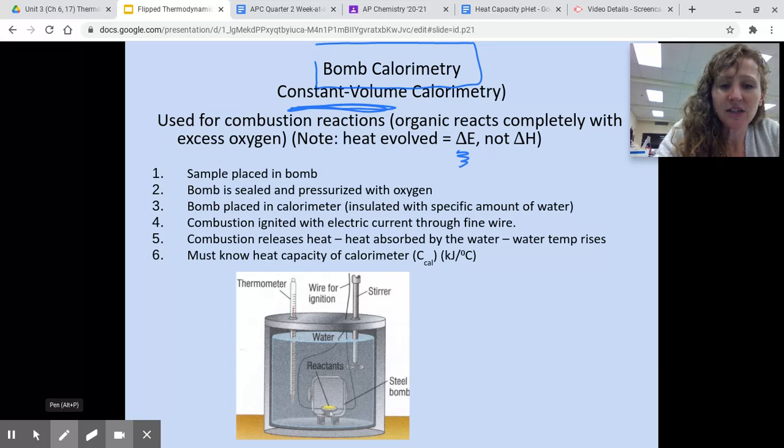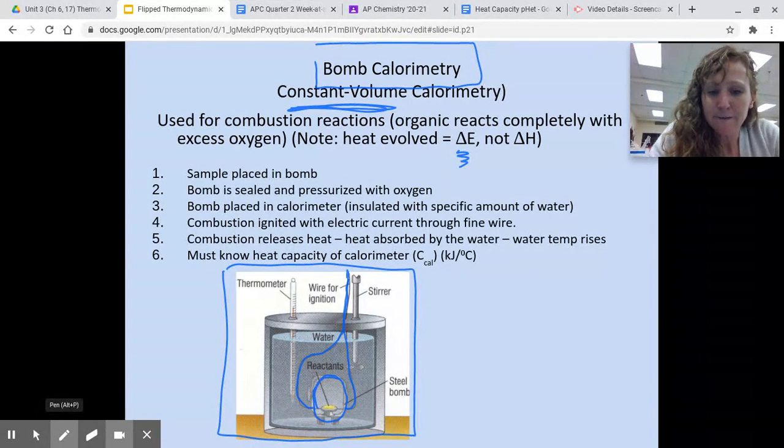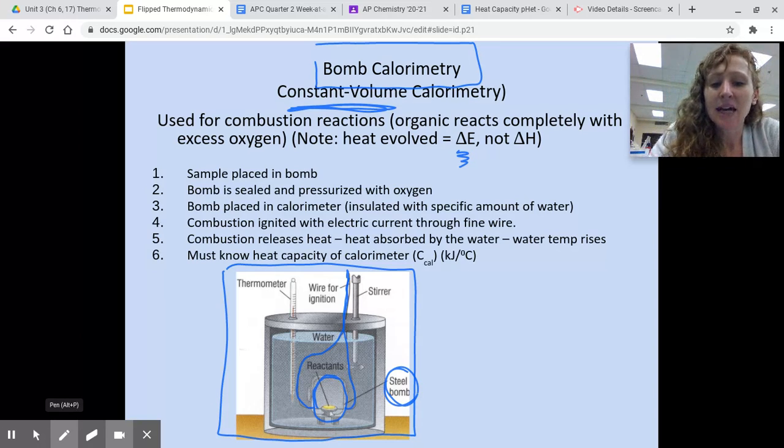So notice here's the contraption down here. Inside this container is where the combustion occurs. See these little wires here? These are used to ignite the reaction. And it's a steel bomb. It's a steel little container so it can withstand the force of the pressure increasing. And then it's made out of metal so that the energy can transfer into this water really easily.